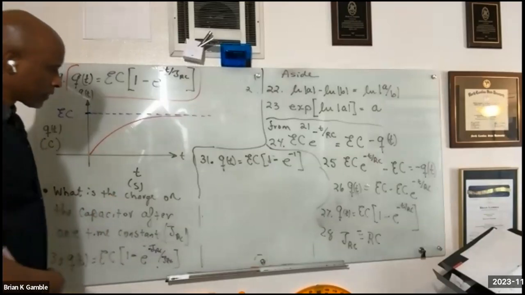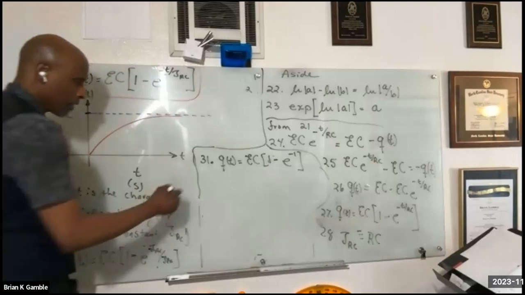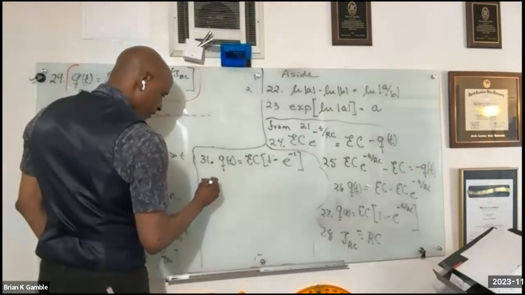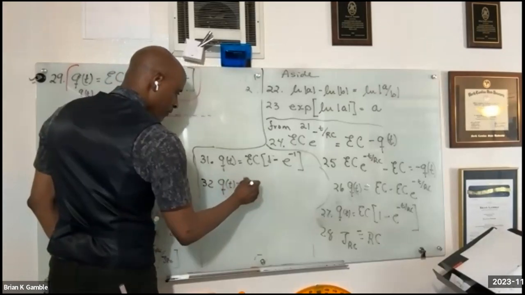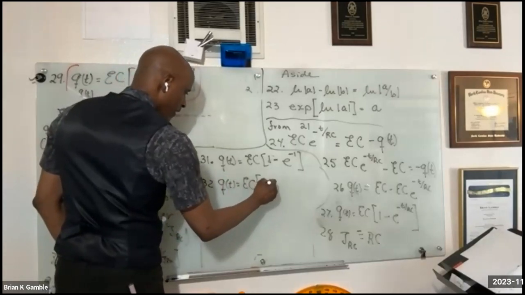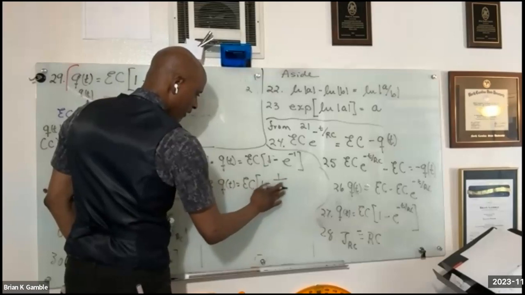Let me just write this out for you. So it's going to be something like Q of t equals EC times 1 minus 1 over e.